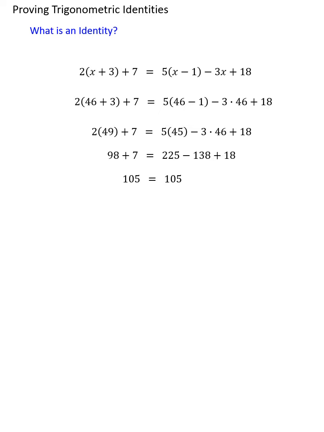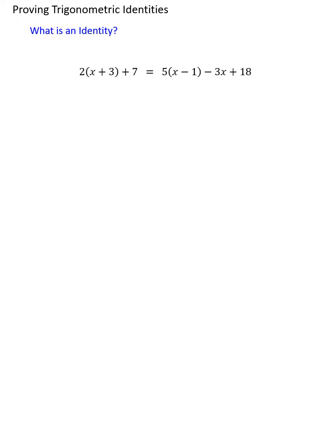They wouldn't have both been 105, but they would have been the same as each other for sure. So an identity, again, is a statement, usually an equation, which is true no matter which value you pick for the variables.